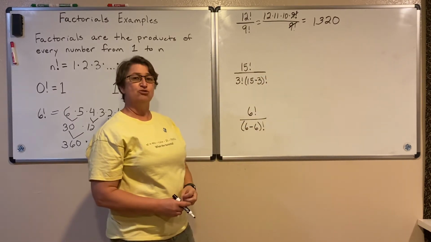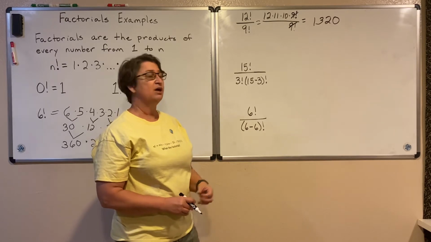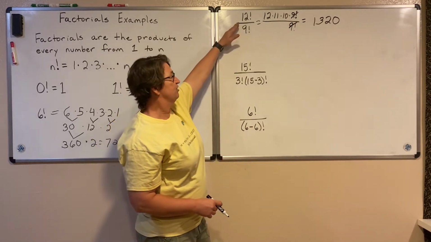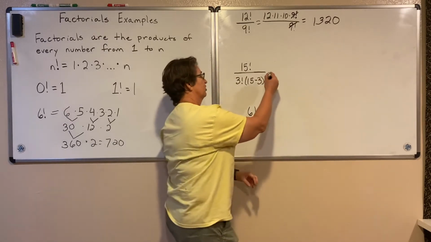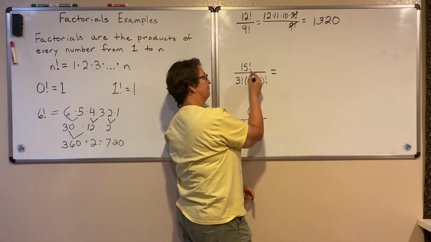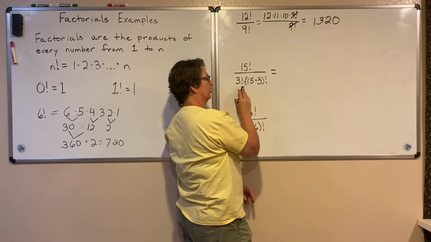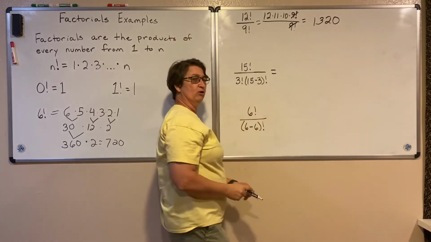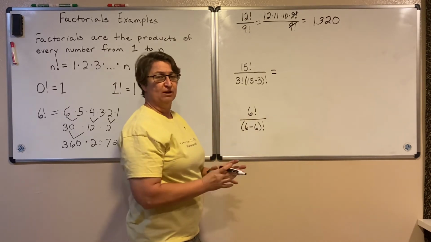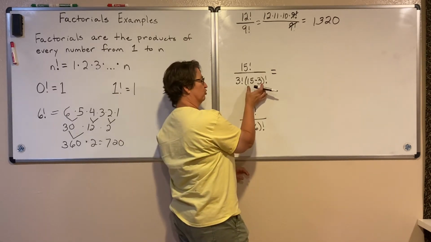As we begin to use our combinatorics formula, we're always going to be able to simplify it down until we don't have a denominator. Let's look at this one. Here I have 15 factorial over 3 factorial times the quantity of 15 minus 3 factorial. With all our order of operations, I'm going to start inside this grouping symbol.